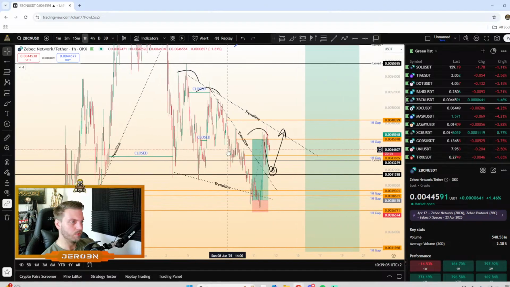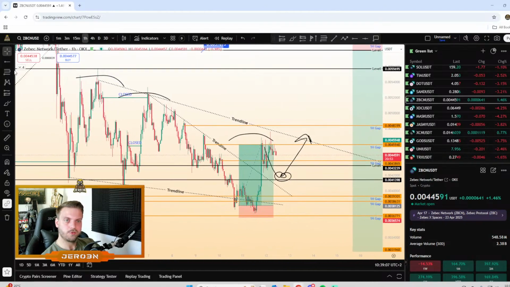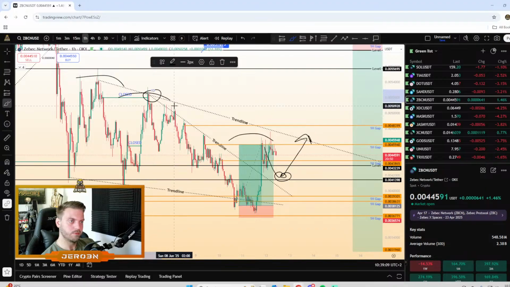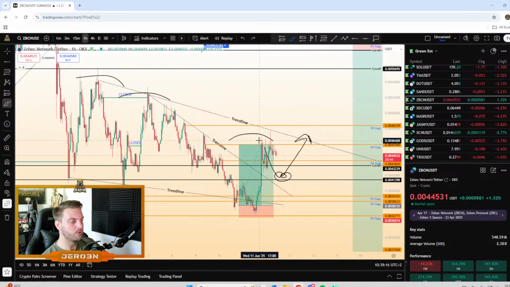Let's dive into the 1 hour again. We had this first trend line being broken, which touched 4 times, and eventually we broke through, hit that gap, had a retest.